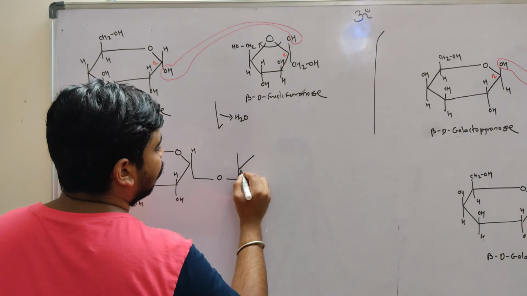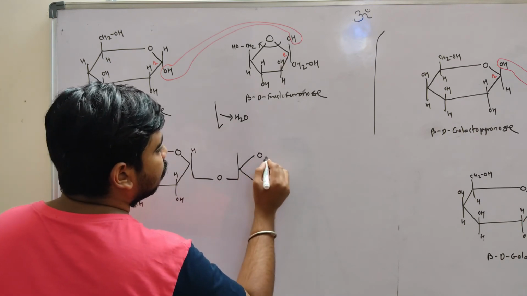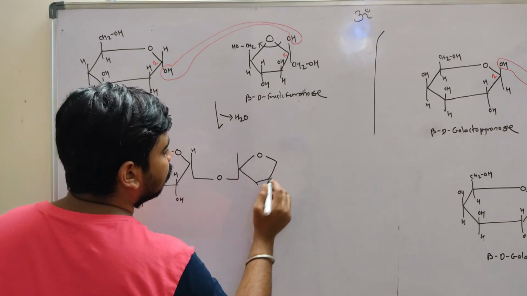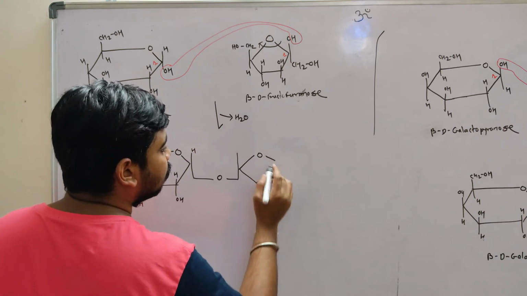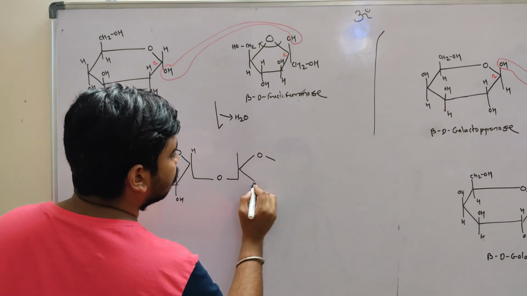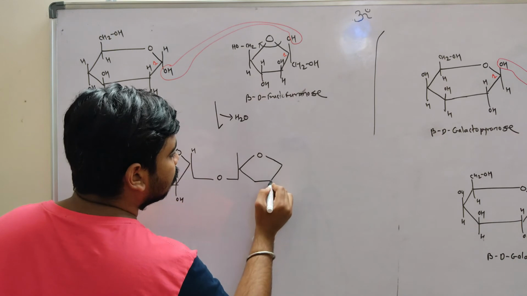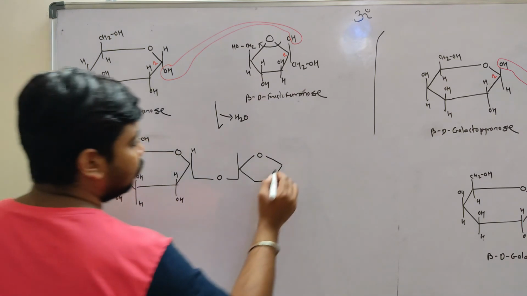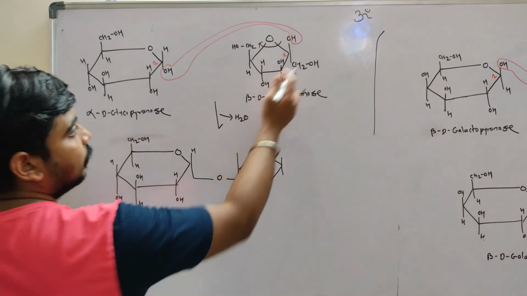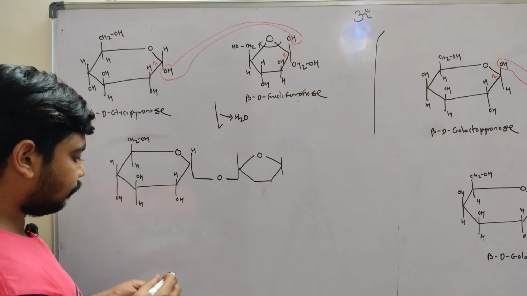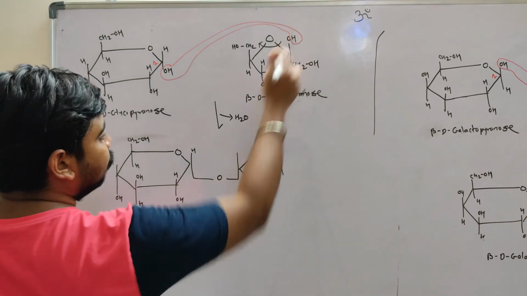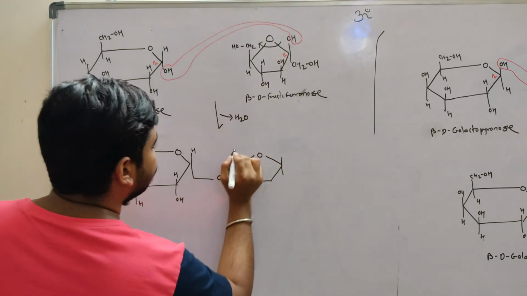As this structure flips, everything will flip. So the OH will be down, and the HCH2OH will be up.